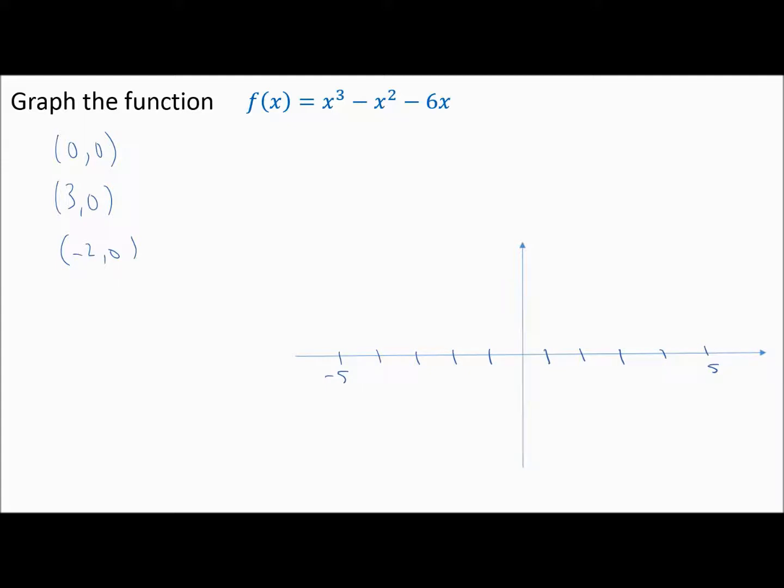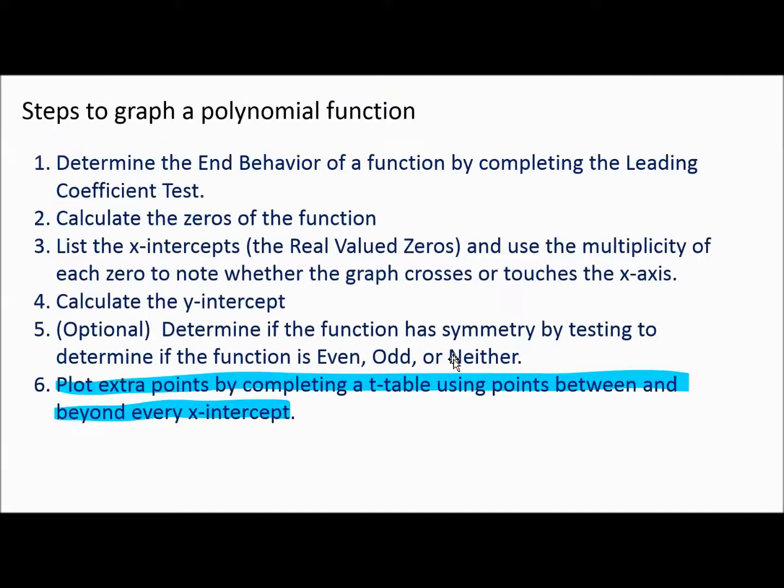And we plot our points, so I've got 0, 0, 3, 0, and negative 2, 0.